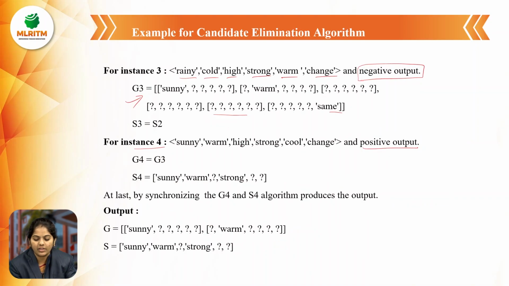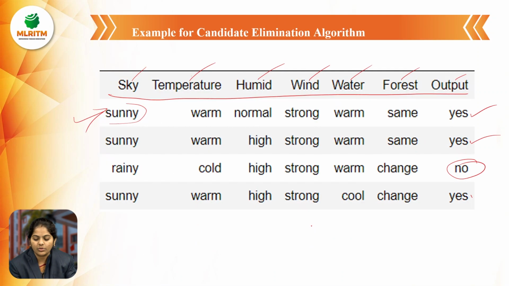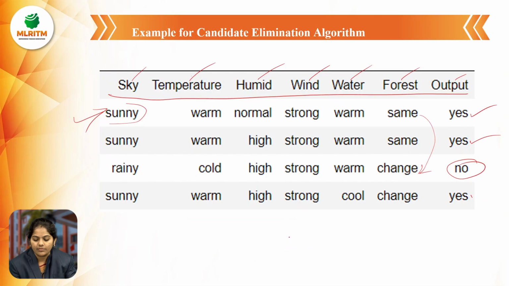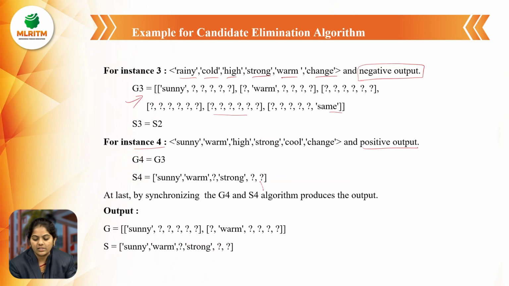Strong we'll keep as strong, and for the last one, same and change are different, so we'll mark it as a question mark. This is the output we got from instance 4. So the general hypothesis is sunny, warm, and the specific hypothesis is sunny, warm, and strong. This is the output we got from the candidate elimination algorithm.